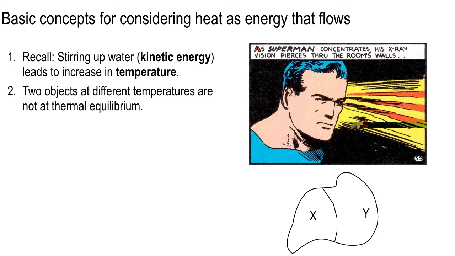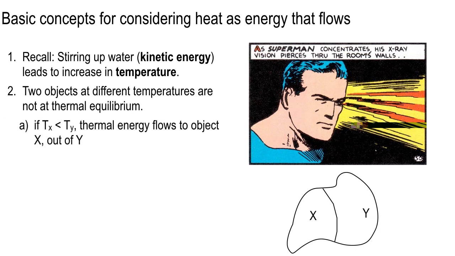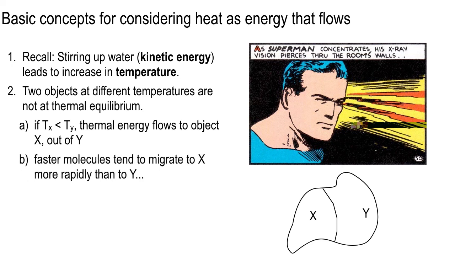All right, so substance X and substance Y, or substance J and substance U on the homework, different temperatures. So if substance Y has a higher temperature, the kinetic energy will transport out of Y and into X. All right? And that's because the faster molecules get there faster.